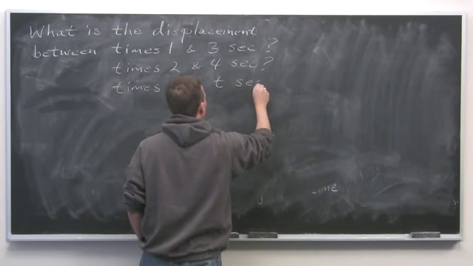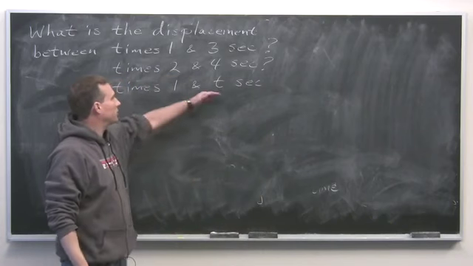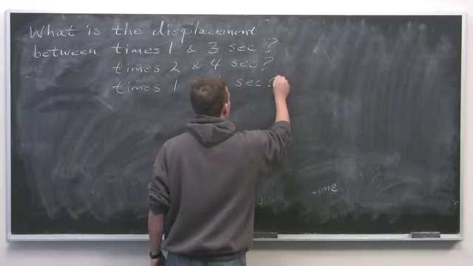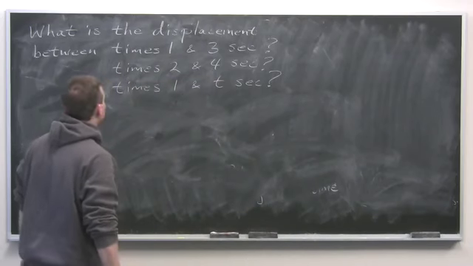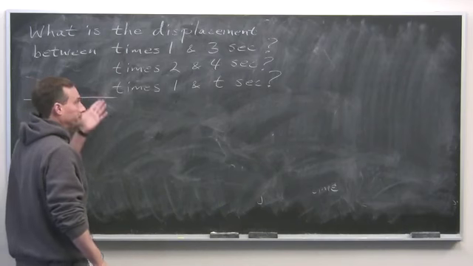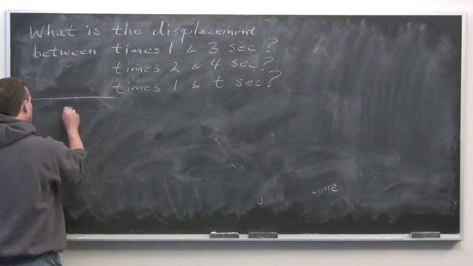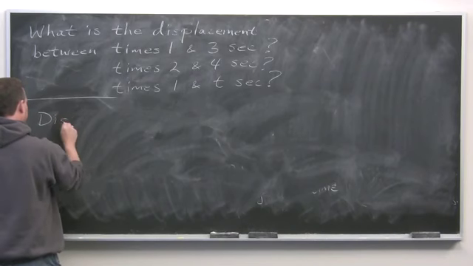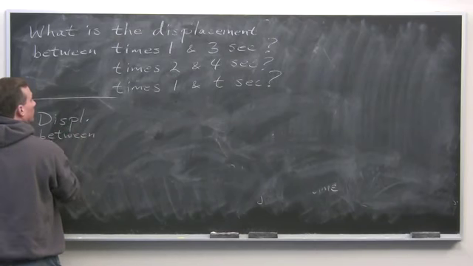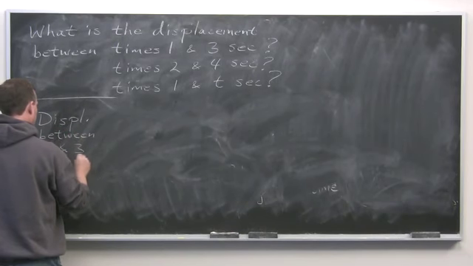So we want the displacement between an arbitrary time t and 1 second, so your net change in position. All right. How do you do these things? You integrate the velocity function. So the displacement between 1 and 3 seconds.